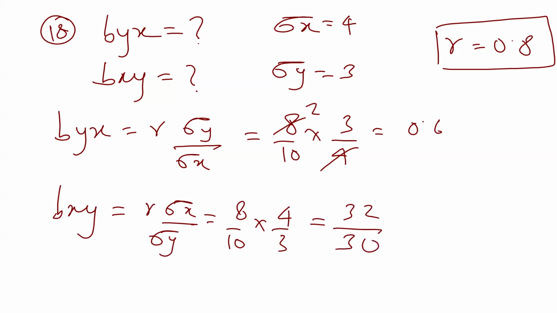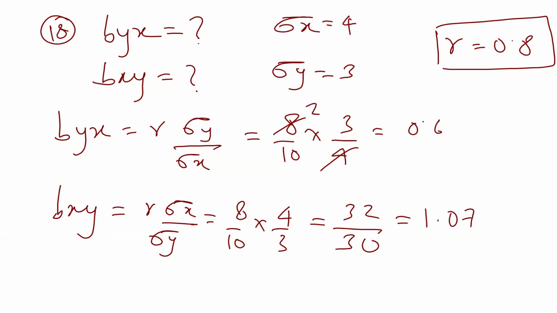So we have to solve this. 32 divided by 30 will give you 1.066666. So we can write it up to 2 decimal digits, which is 1.07. This is your question number 18, right?